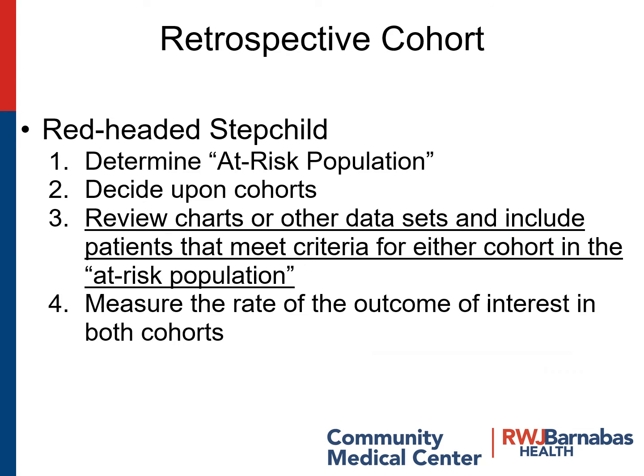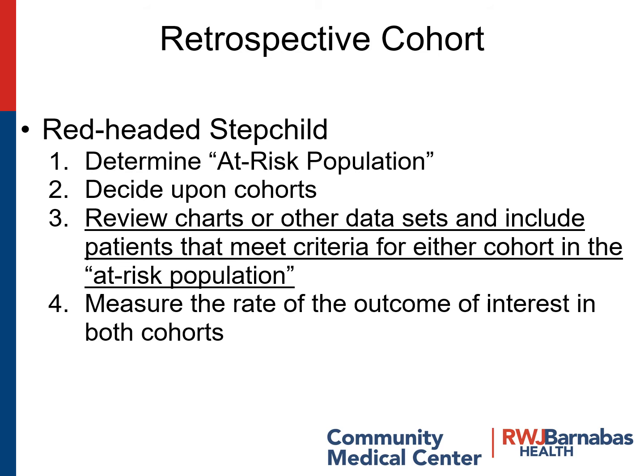A retrospective cohort is not to be confused with a case control study, which is also done retrospectively. But in a retrospective cohort, you still essentially go through the same steps. You determine the at-risk population, you divide them into cohorts, and then you review the charts or whatever other data sets you have, and you include patients that meet the criteria for either cohort in the at-risk population.